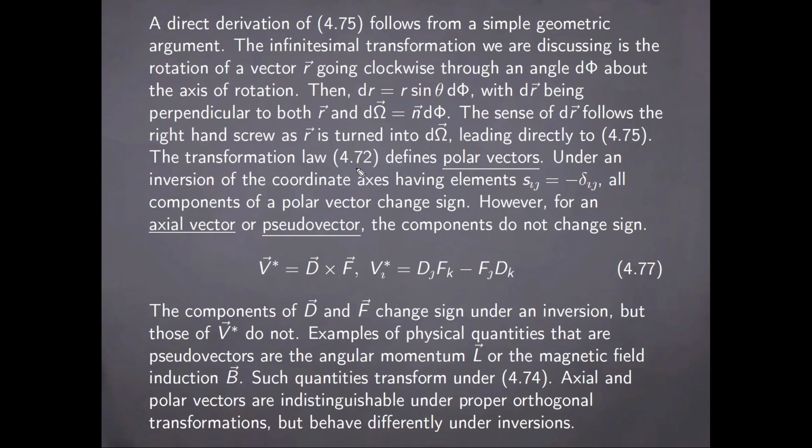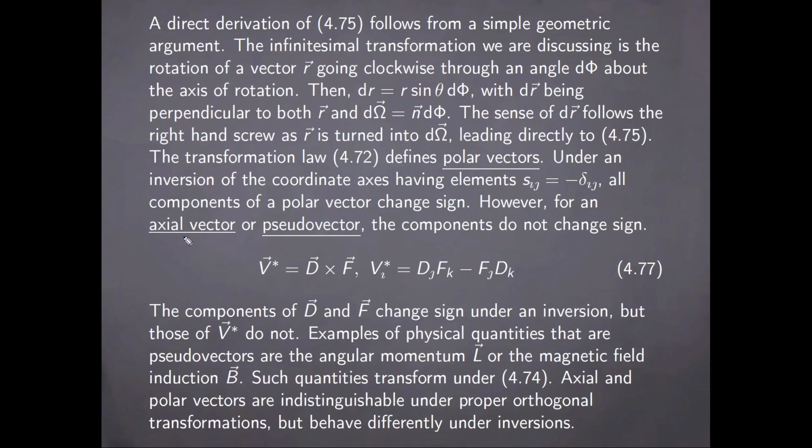The transformation law of 472 defines what are known as polar vectors, and under an inversion of the coordinate axis having the elements here, all of the components of a polar vector change sign.